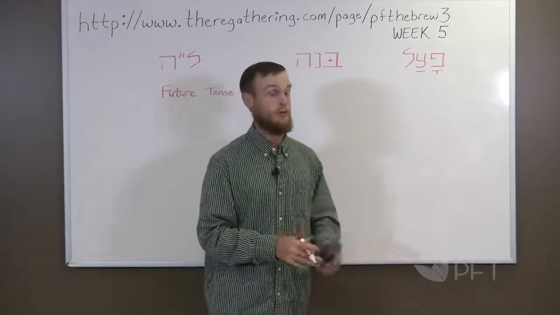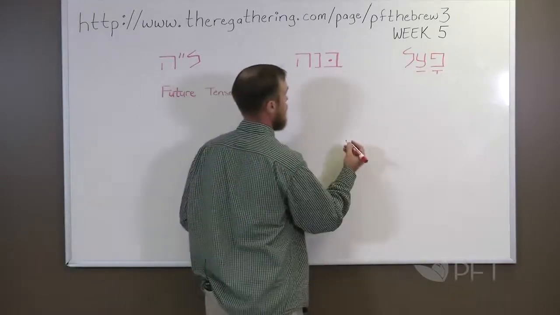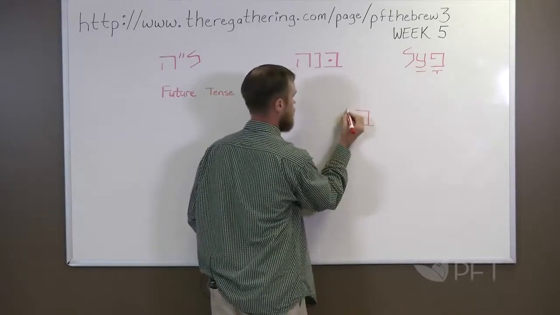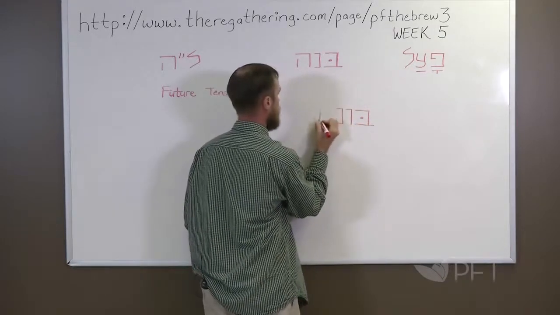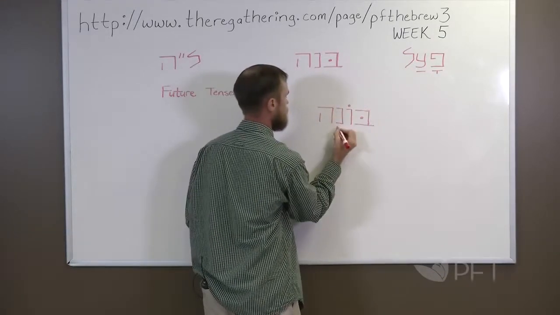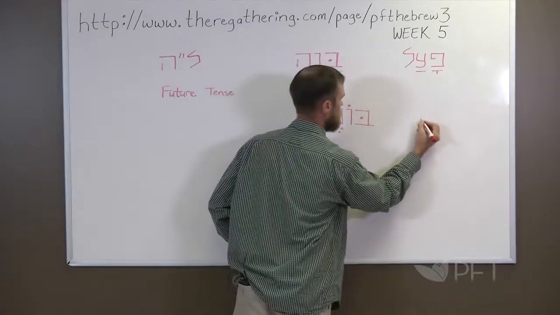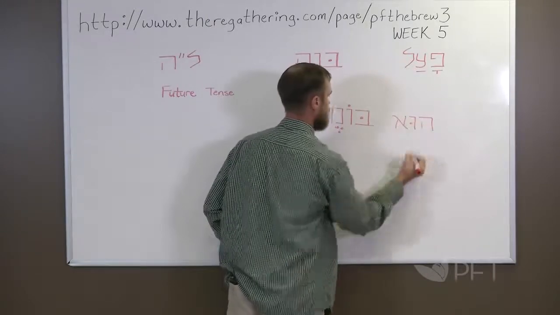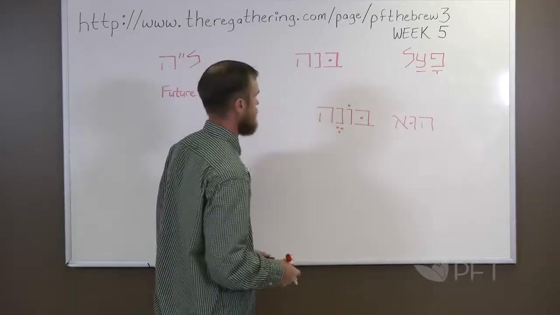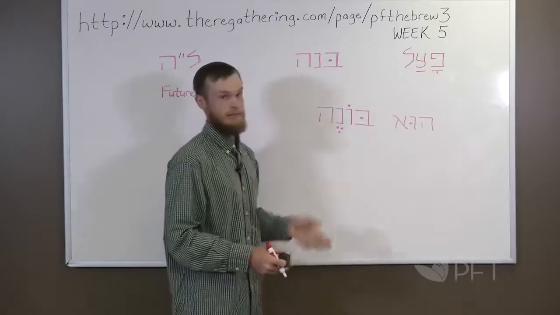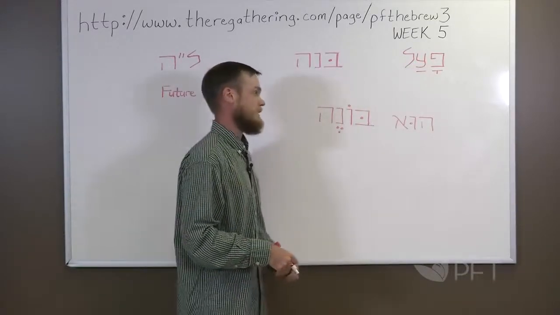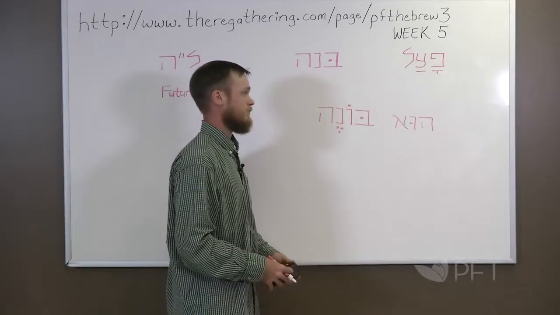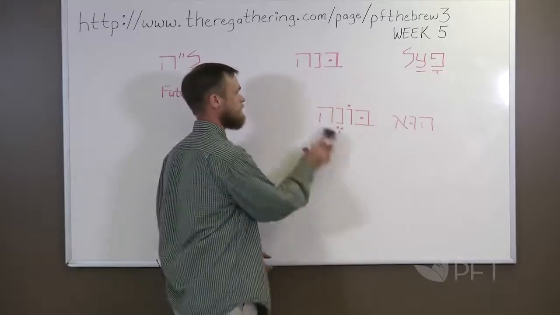And just going back to the present tense, if you'll recall, if we were to say he is building, say hu boneh. Boneh, he is building. He bona, hem bonim, and hein bonot. All right, so that's the active participle or the present tense.